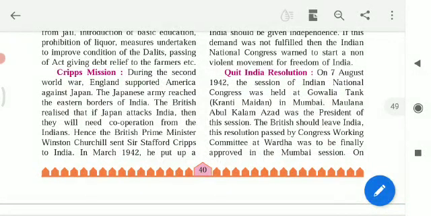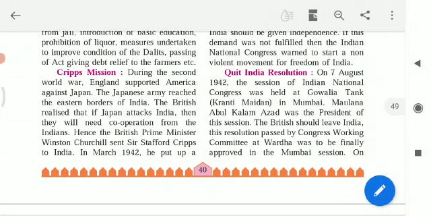Children, during the Second World War, England supported America against Japan. The Japanese army reached the eastern border of India. The British realized that if Japan attacks India, then they will need cooperation from the Indians.